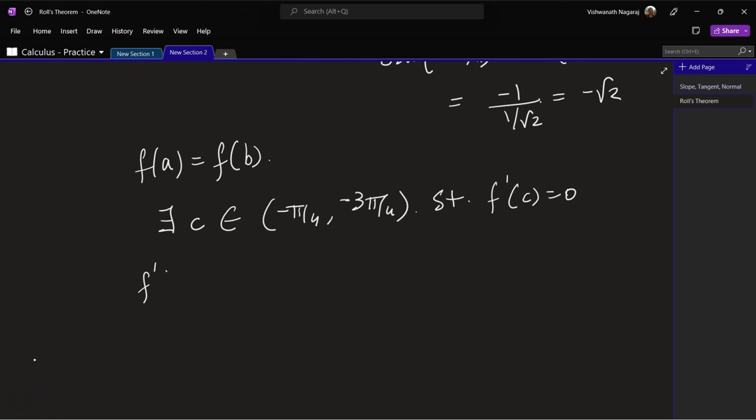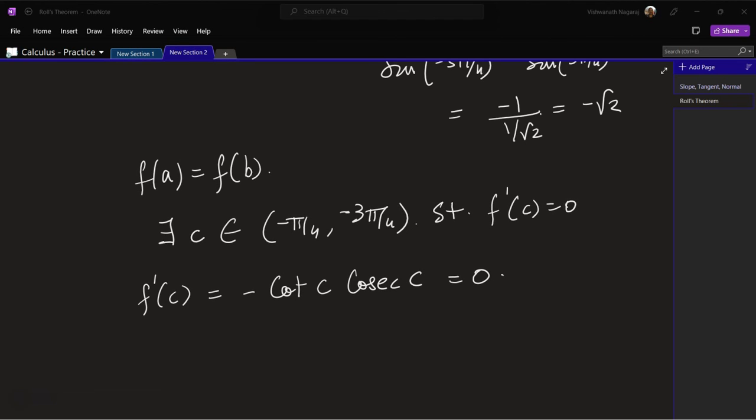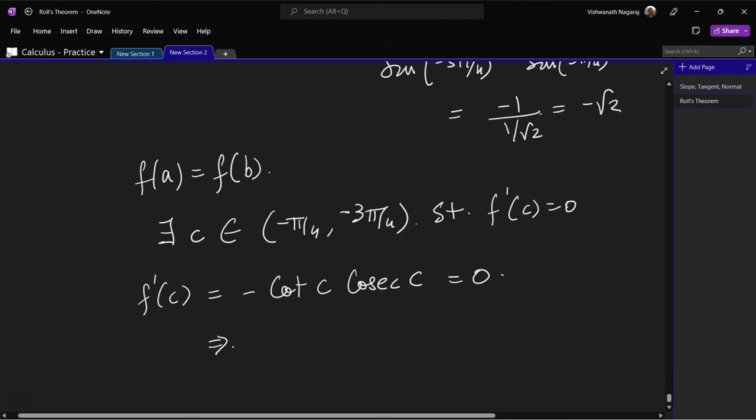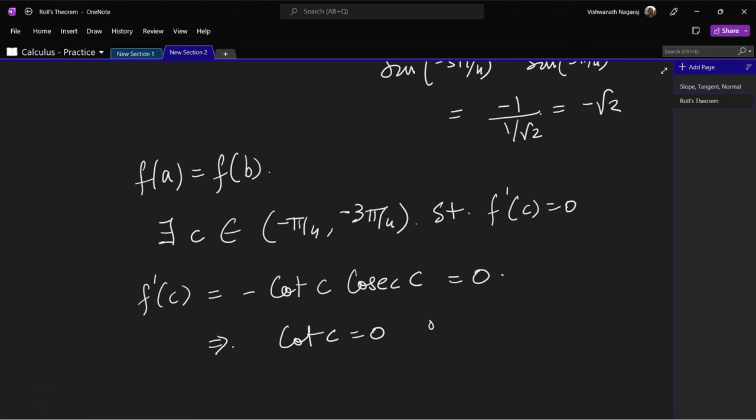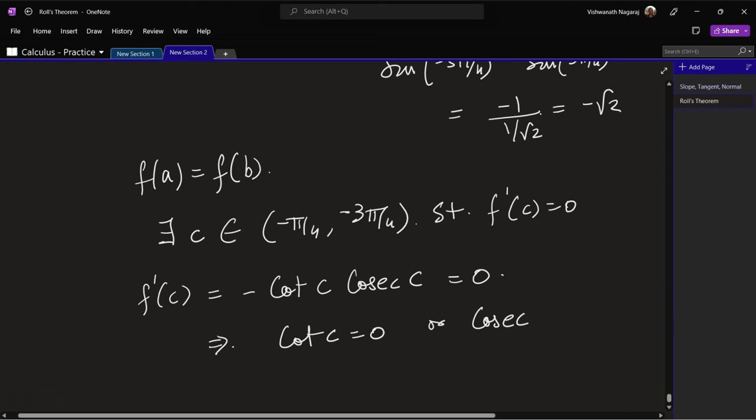So f prime of cosec x is minus cot x cosec x, and here we are talking of c, so minus cot c cosec c equal to 0. The minus will disappear when it goes to the other side. So cot c is equal to 0 or cosec c is equal to 0.